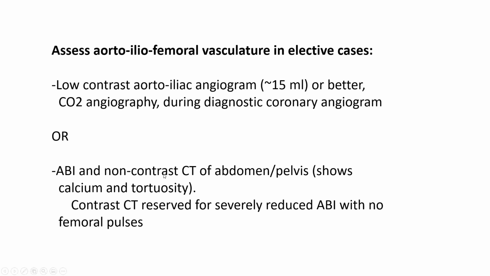And the non-contrast CT of the abdomen and pelvis, the reason here, it's not going to show you stenosis, but it will show me the amount of calcium and tortuosity that I will have to deal with if I'm trying to put in an Impella. I reserve contrast CT for severely reduced ABI, definitely less than 0.5, maybe 0.5 to 0.7 with no femoral pulses.